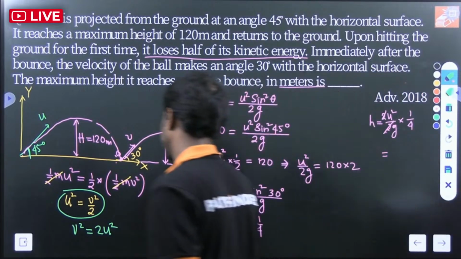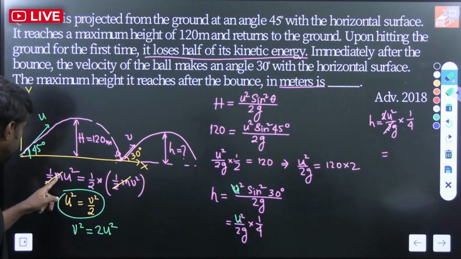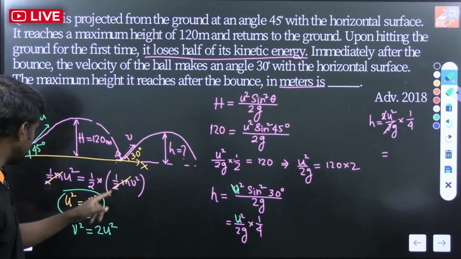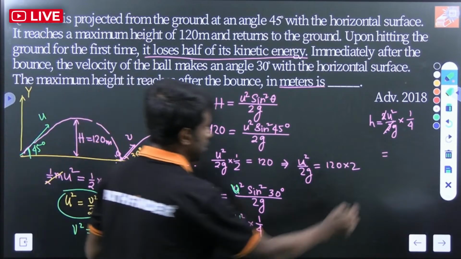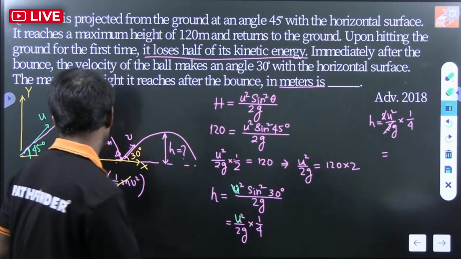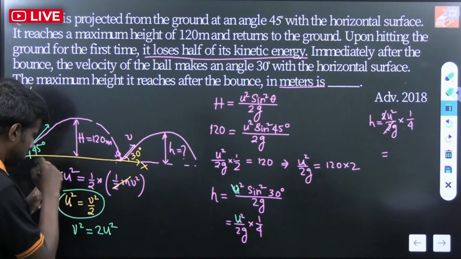Wait, something is missed here. So that should be equal to u square equals v square by 2. Here we have made a mistake with half of the kinetic energy.